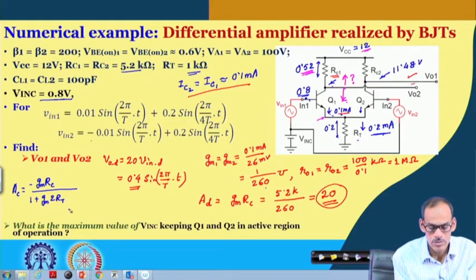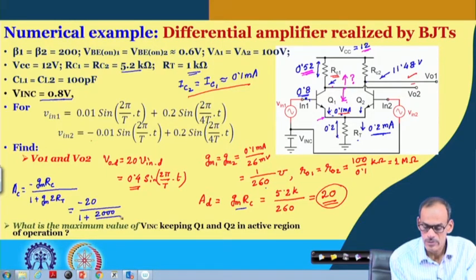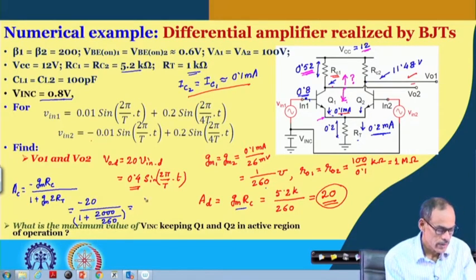So, the numerator becomes 20, which we already have calculated, and here we do have 1 plus 2000 K divided by 260. I have done this calculation for you. Let me look into it.